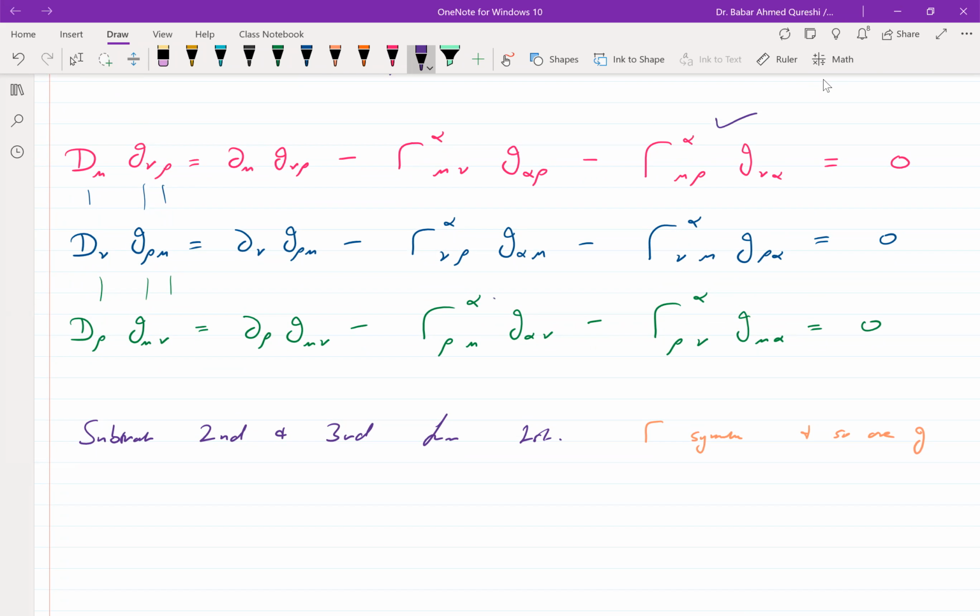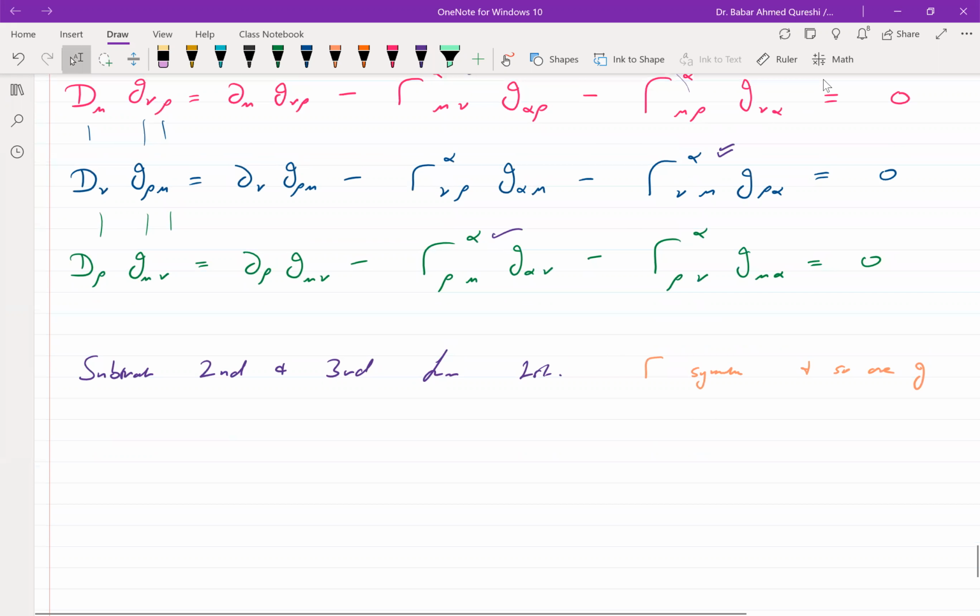So this guy goes with this, and I'm subtracting, so they cancel. Mu nu rho alpha, right? I can exchange this mu nu and this mu nu, nothing happens, and rho alpha. So this guy marked with 2 goes with this. And so I'm left with this equation.